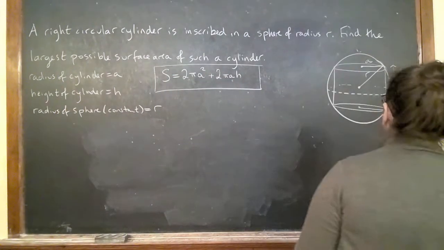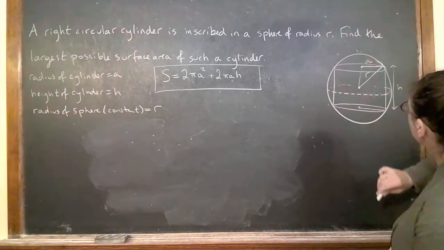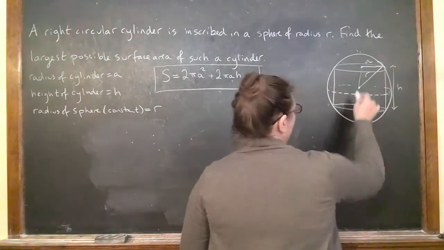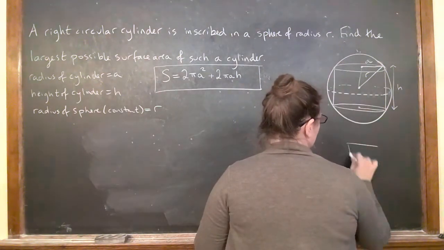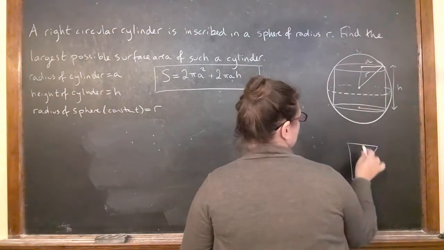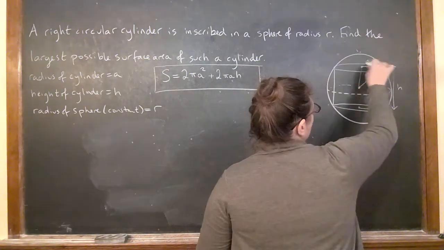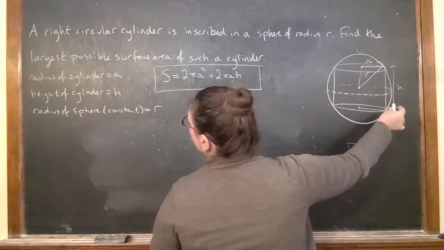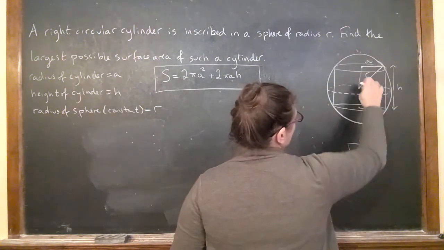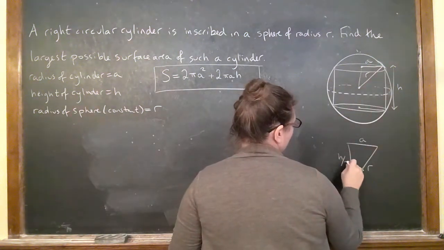If I go back to my sphere picture, I can see there's a triangle here, right? So let me pull that triangle out a little bit better so we can see it. R is the radius of the sphere, A is the radius of the cylinder, and H is the whole height of the cylinder, but this triangle is on the top, so this would be H over 2.